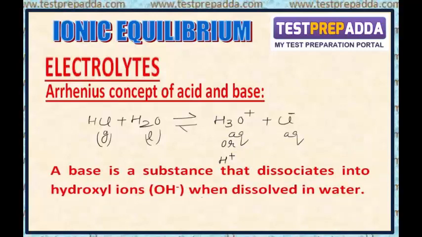Now, according to this Arrhenius concept, a base is a substance that dissociates into hydroxyl ions, OH minus, when dissolved in water. For example, NaOH plus H2O.